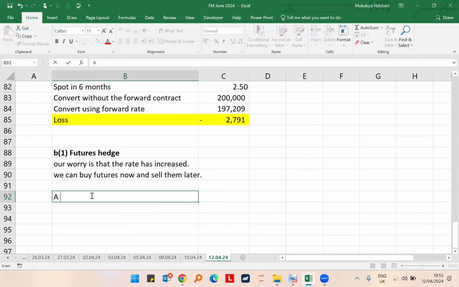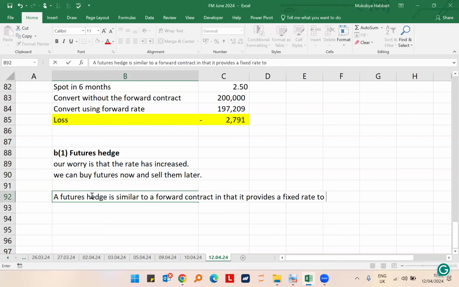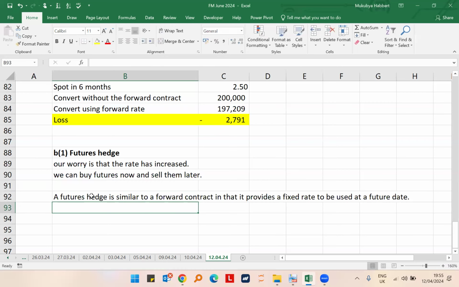So you can say that a futures hedge is similar to a forward contract, in that it provides a fixed rate to be used at a future date. Okay, that's how they are similar.